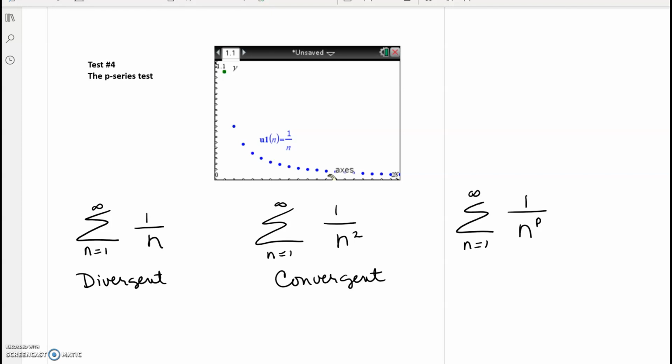So you can see from the screenshot that I did up above, and I've actually graphed the sequence, so you see 1 over 1, 1 over 2, 1 over 3, that yes, the sequence goes to 0, but it doesn't go to 0 fast enough because in the last video we got that that was divergent.